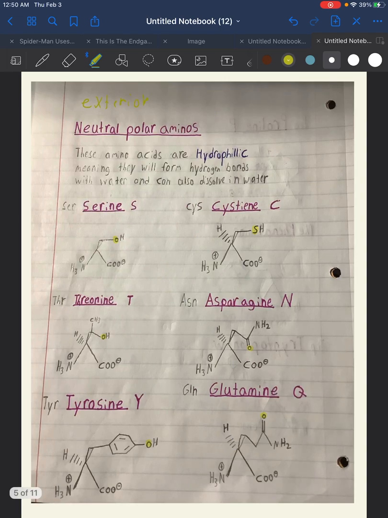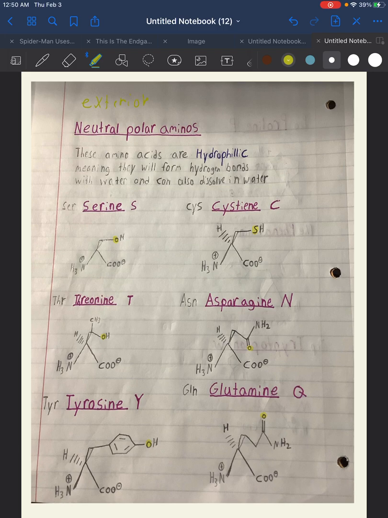So moving on, we're now looking at the neutral polar aminos. Once again, these are going to be your hydrophilic, because they are polar, water-loving amino residues or amino acids, and they are going to be on the exterior of your proteins and biological structures. So let's go back to the micelle example, if you recall from my first video.